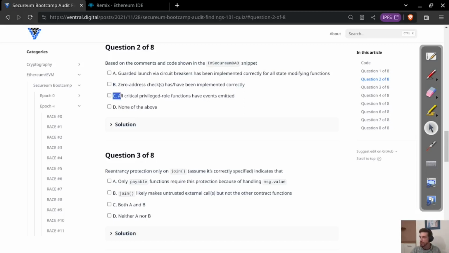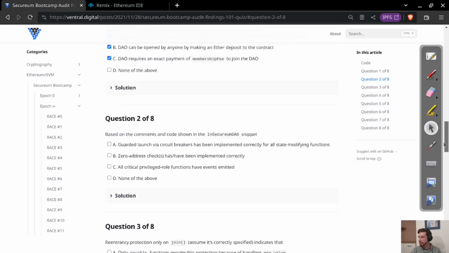Then we have C, which says that all critical privileged role functions have events emitted. It is a best practice that all the privileged role functions, meaning all the functions that administrators can call, and those functions have some critical aspects to the protocol, like pausing, unpausing the contract, changing the administrator, all those things should really have an event so that they can be monitored in an easy manner. So the question is, do we have events emitted for these?